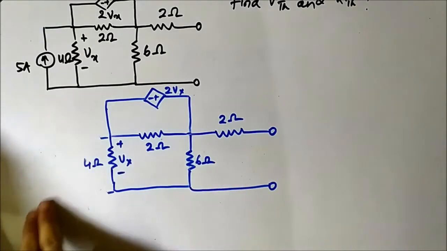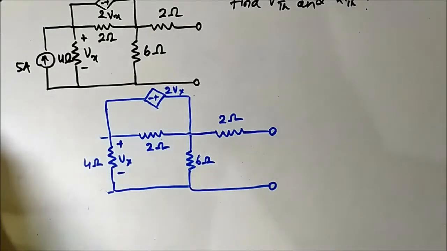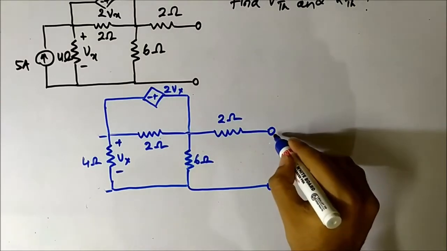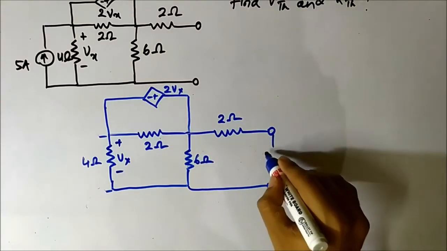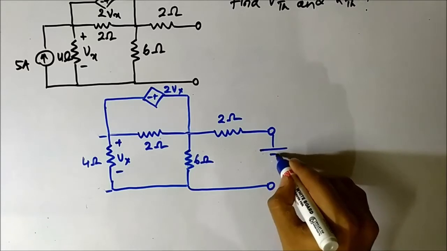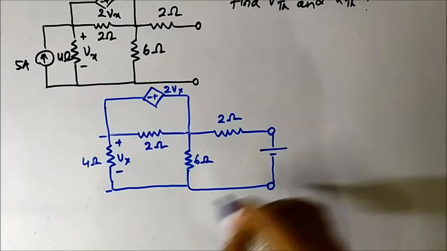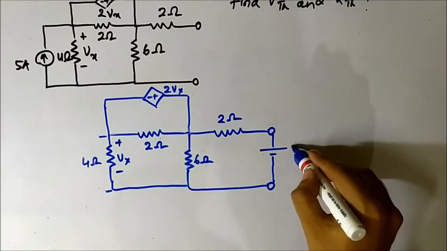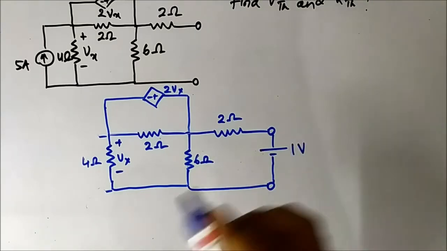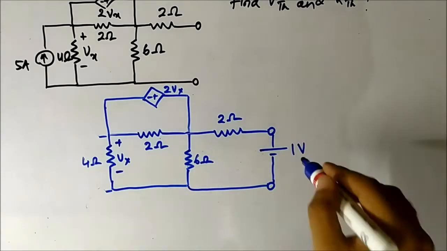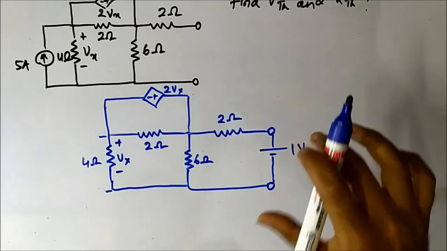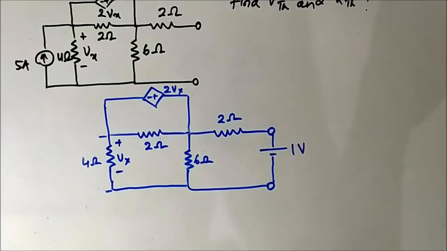But as there is no independent source present, we have to use our own independent source to excite the circuit. Normally a unit voltage or current source is used. In the first method we will be determining the RTH using a 1 volt voltage source across the terminals across which the equivalent resistance is to be calculated.